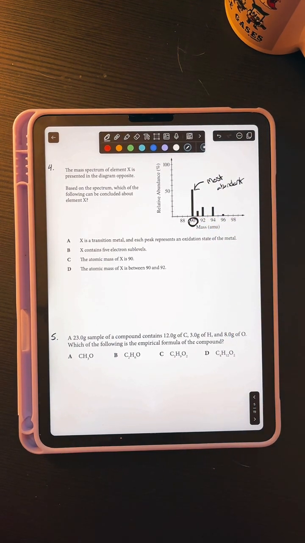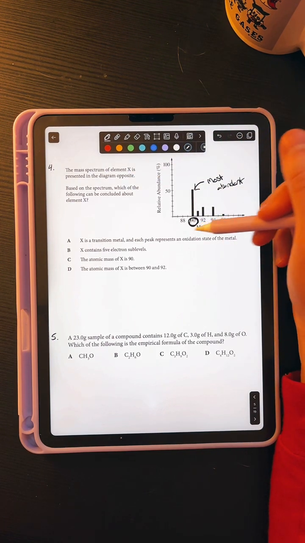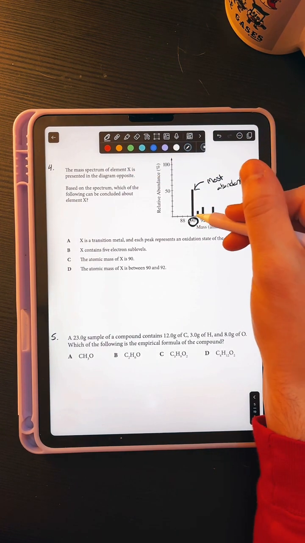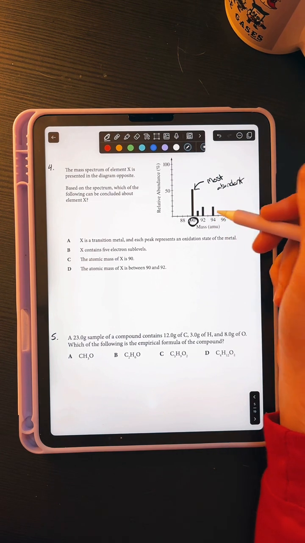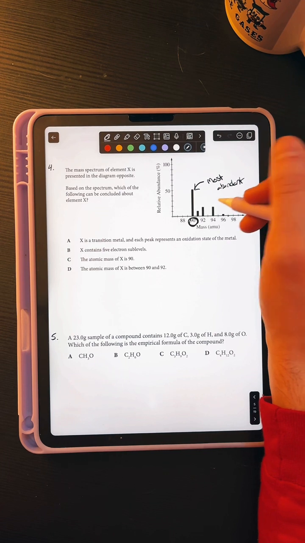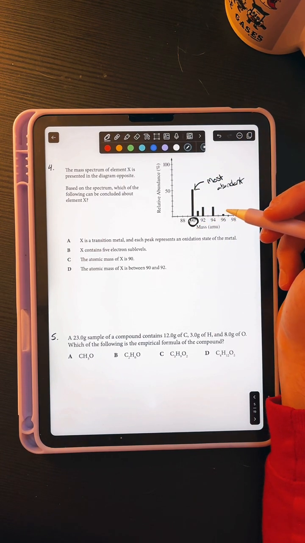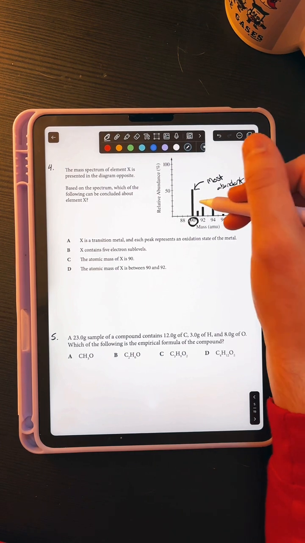So the mass of this element is going to be close to 90. It's not going to be exactly 90 because we have these other isotopes, and those are going to factor into the overall mass. But the mass of our element is going to be around 90.